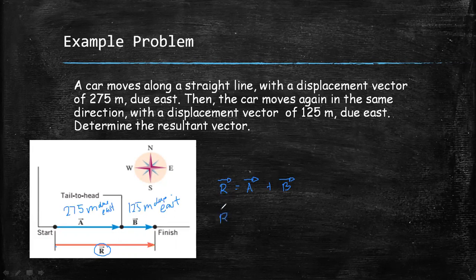Therefore, the resultant R is equal to 275 meters plus 125 meters, which makes our resultant vector 400 meters. Since a resultant vector requires magnitude and direction, we must indicate that 400 meters is due east, as supported also by our figure.